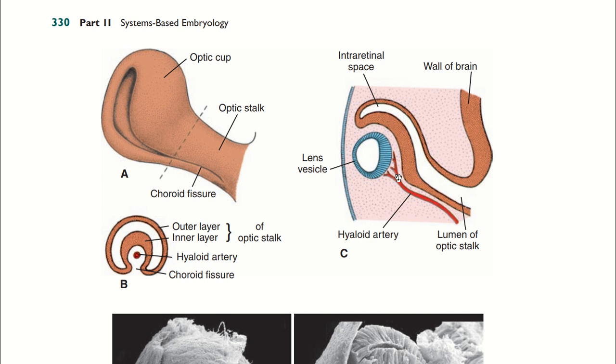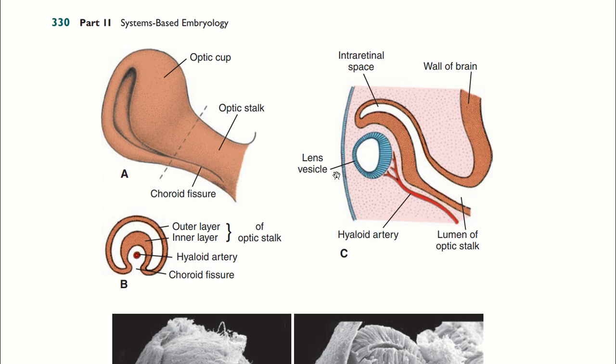Embryologically, this hyaloid artery will extend right towards the lens vesicle, but postnatally you are going to have a part of the hyaloid artery which is within the optic stalk, and then a part is going to extend to the lens vesicle. So it's going to be divided into two, a proximal part and a distal part. And note that the distal part of the hyaloid artery is going to obliterate and form the famous hyaloid canal.